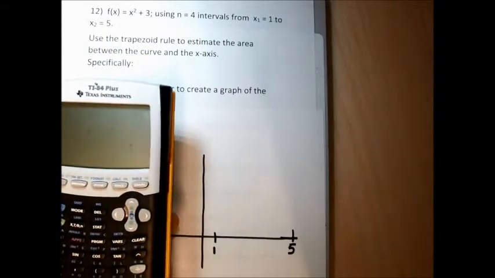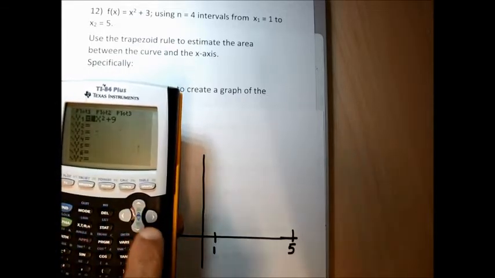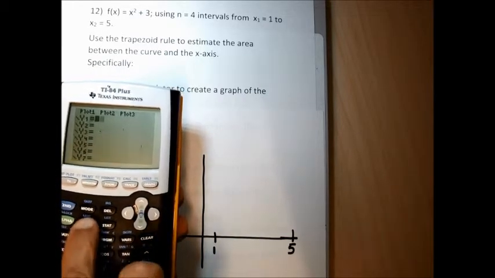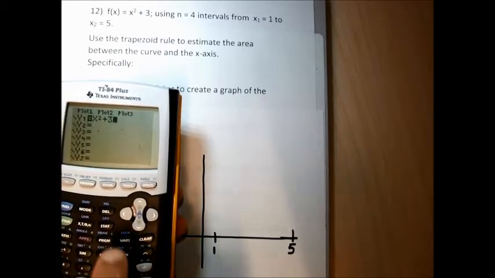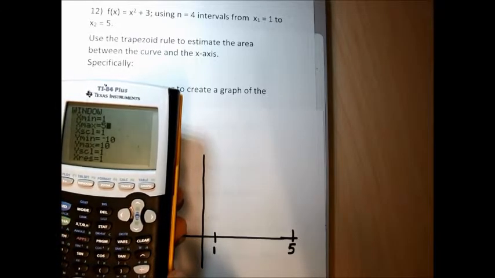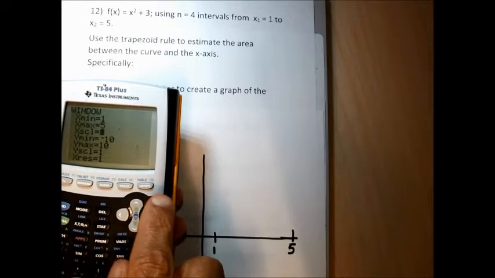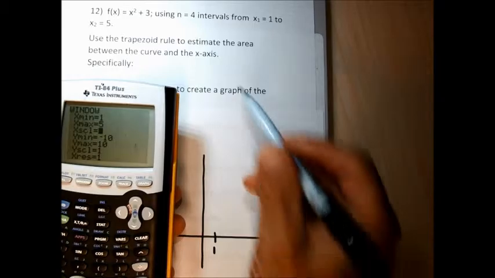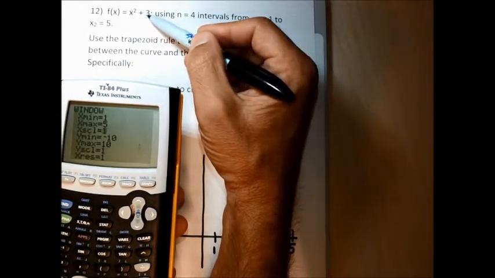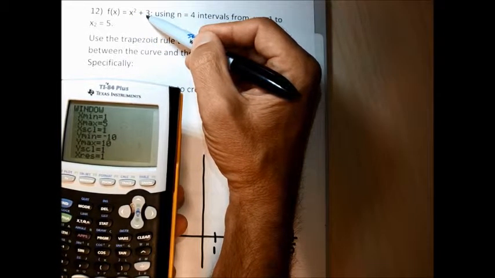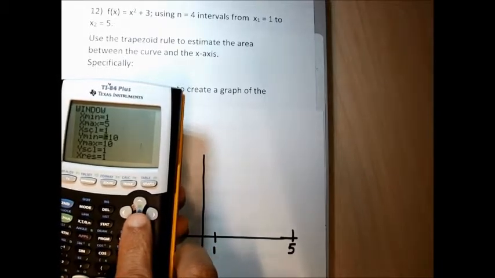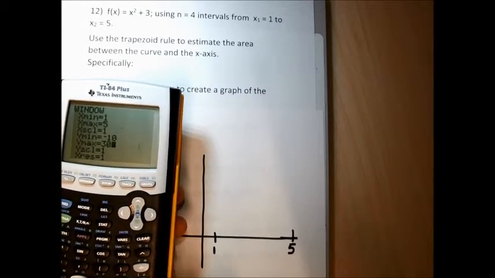And when I do my window for this problem, I'm only going to do x equal to 1 to x equal to 5. Oh, and my y's are going to have to be way higher. When I plug 5 in for x, I get 5 squared is 25 plus 3 is 28. My y max has to be at least 28. I'll do 30.